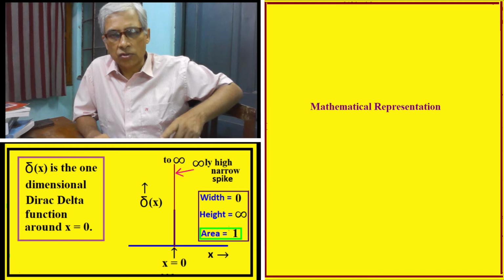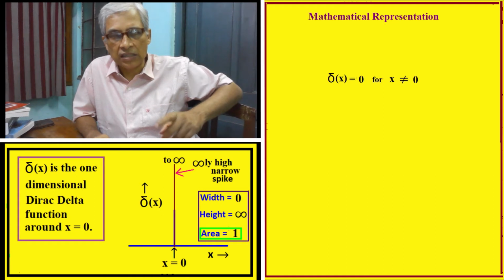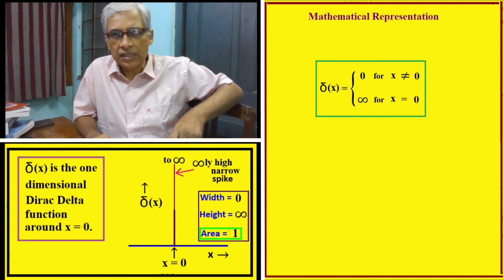Looking at its plot, we find that when x is less than 0 or when x is larger than 0, that is, for x not equal to 0, the Dirac Delta function is 0. But right at x equal to 0, its value is infinity. This is denoted in the box outlined in green.